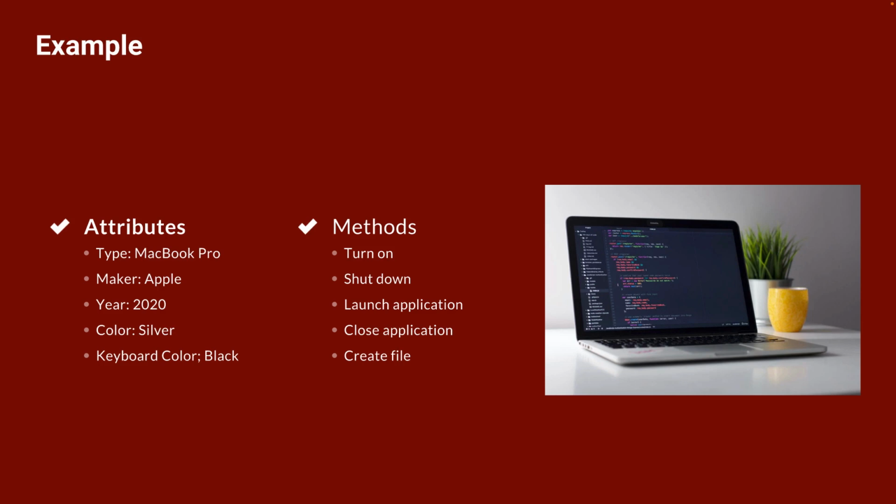Right? Once again, these are details, characteristics, nouns about the object. In comparison, my methods list consists of verbs, actions, behaviors, things I can do with my computer. I can turn it on, I can shut it down, launch an application or close an application, create a file, right? These are different things that I can do with my computer.